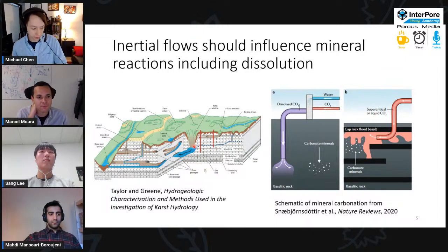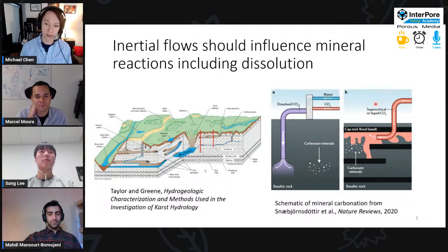But we also are interested in these types of reactions, as well as the influence of inertial flows on them, even in engineered settings, for example, during carbon sequestration, where we want to rely on our acidic CO2 brine that is being injected to dissolve its host rock and then react with the resulting cations to form precipitates, right? But here's the thing.